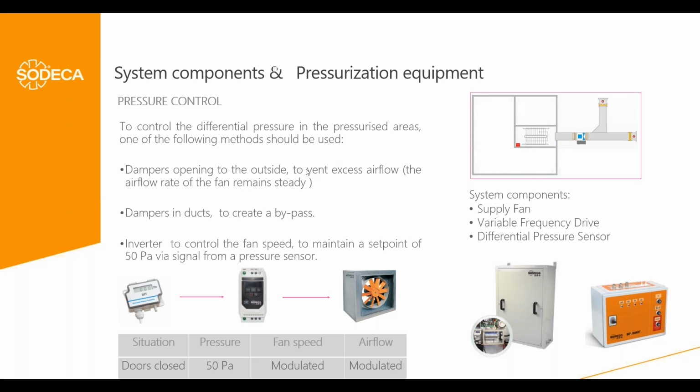But when the door is open, as it is not possible, all the air escapes through that door, then the pressure decreases. It's not possible to maintain this level of pressure. So imagine the pressure sensor reaches 10 pascals. It sends a signal to the inverter, and the inverter says, okay, but my set point is 30, so I need to increase the velocity of my fan.